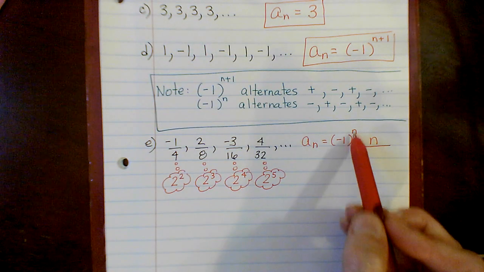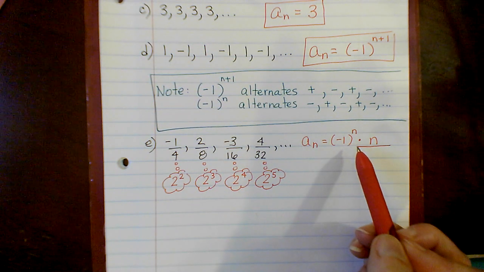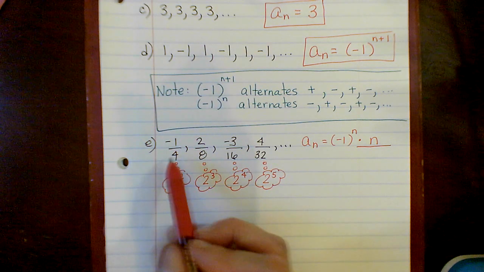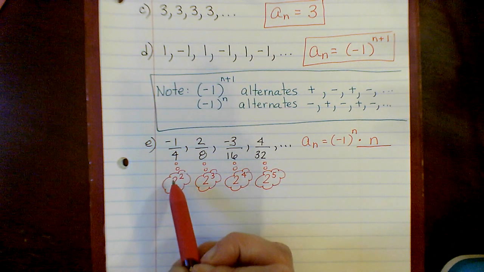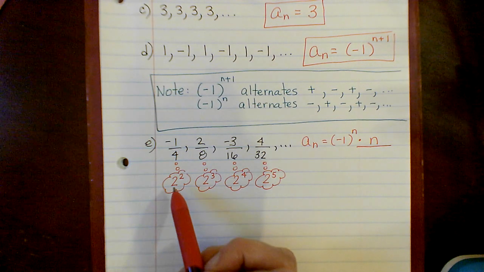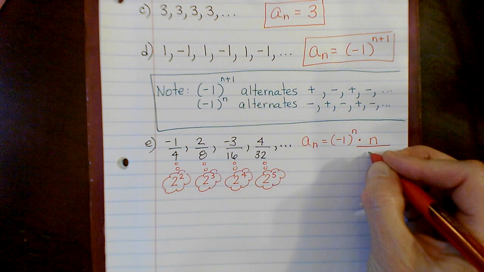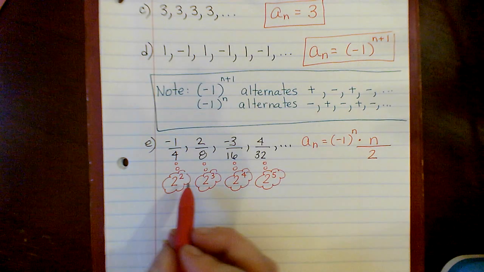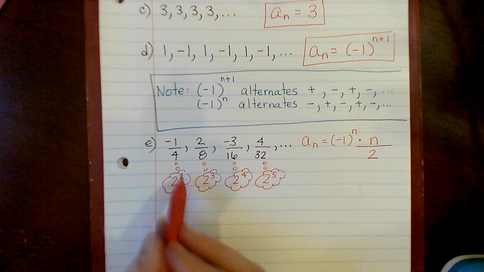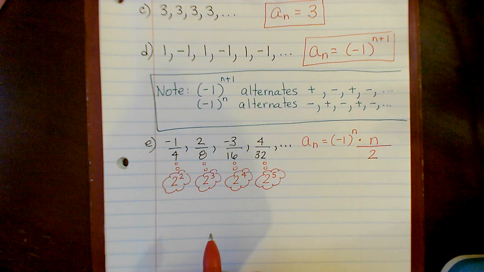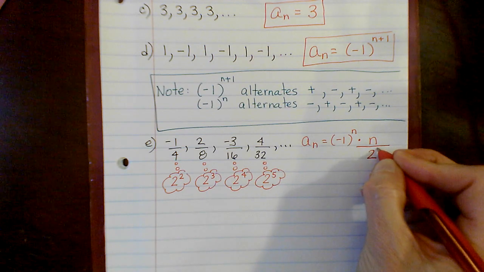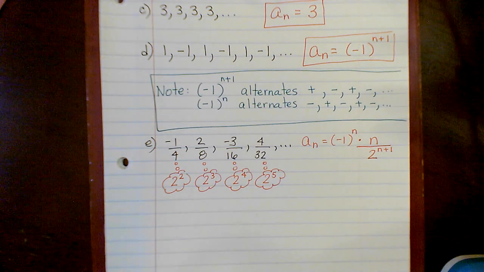Plugging in 1 for n is going to give me a negative 1 times 1, so that puts my negative 1 on the top. For the bottom, I'm going to need that base of 2 to remain there, and my exponent is going to change, and it's always 1 more than the number I'm plugging in. So if my n starts with 1, I need a 2 there. So I'm going to take n and add 1 to it.